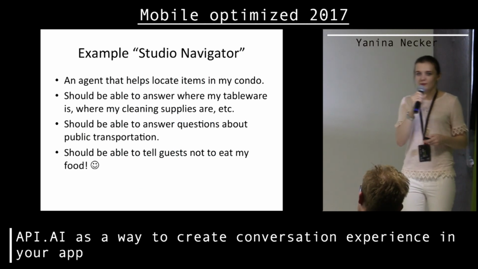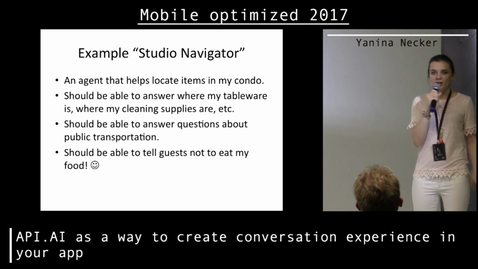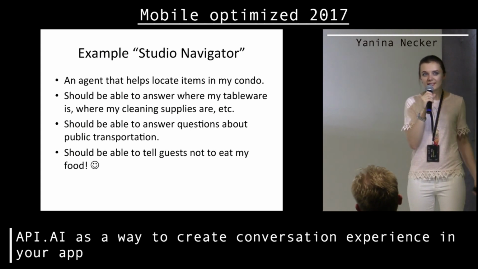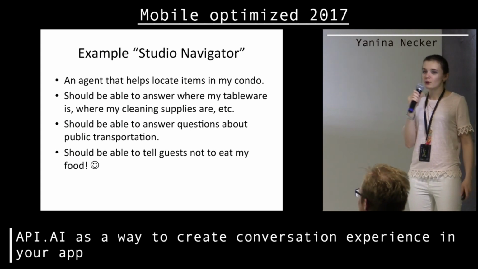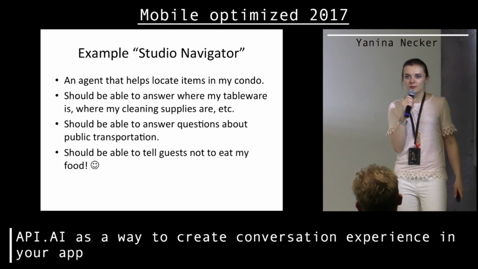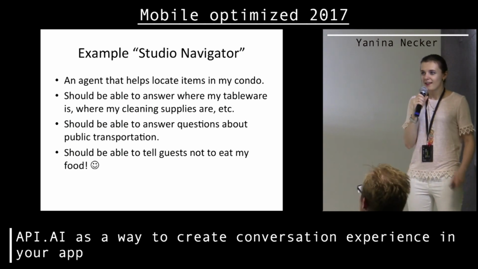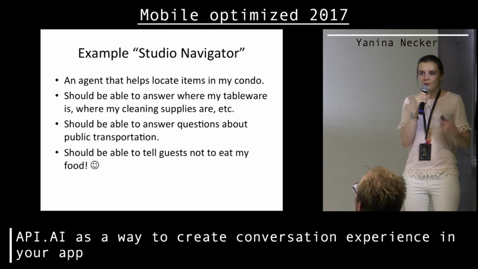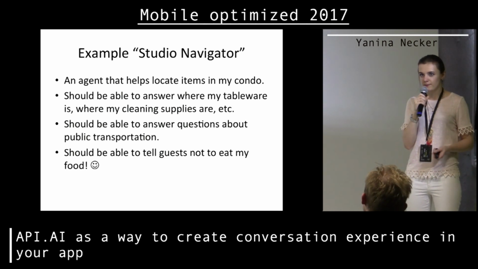I'm going to give you an example of an API.AI agent based on my own application. My own application is called Studio Navigator. Let me give you a brief background about it. I have a studio that I want to be able to rent out on Airbnb.